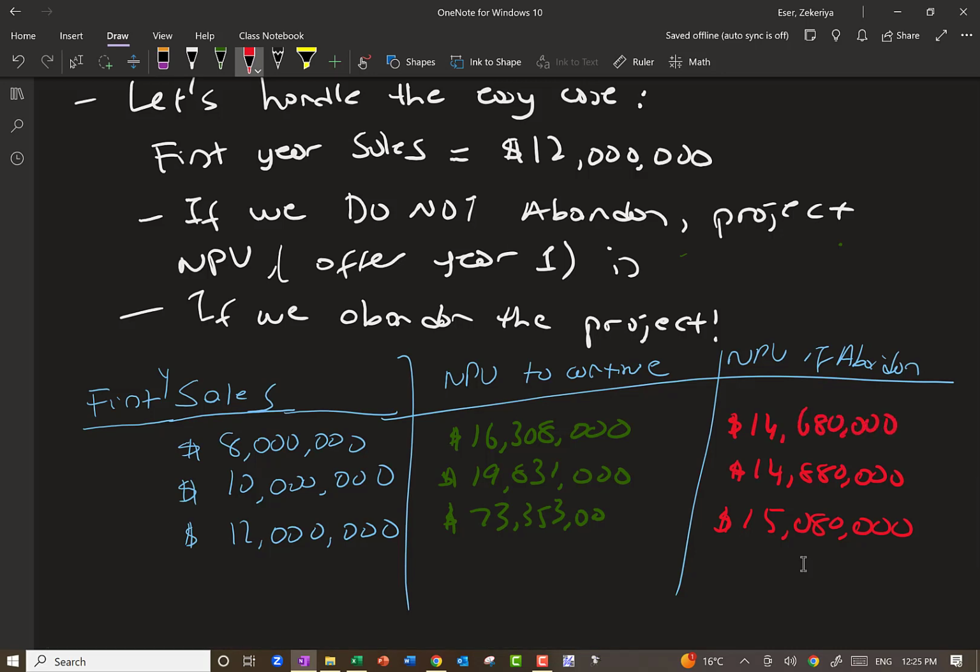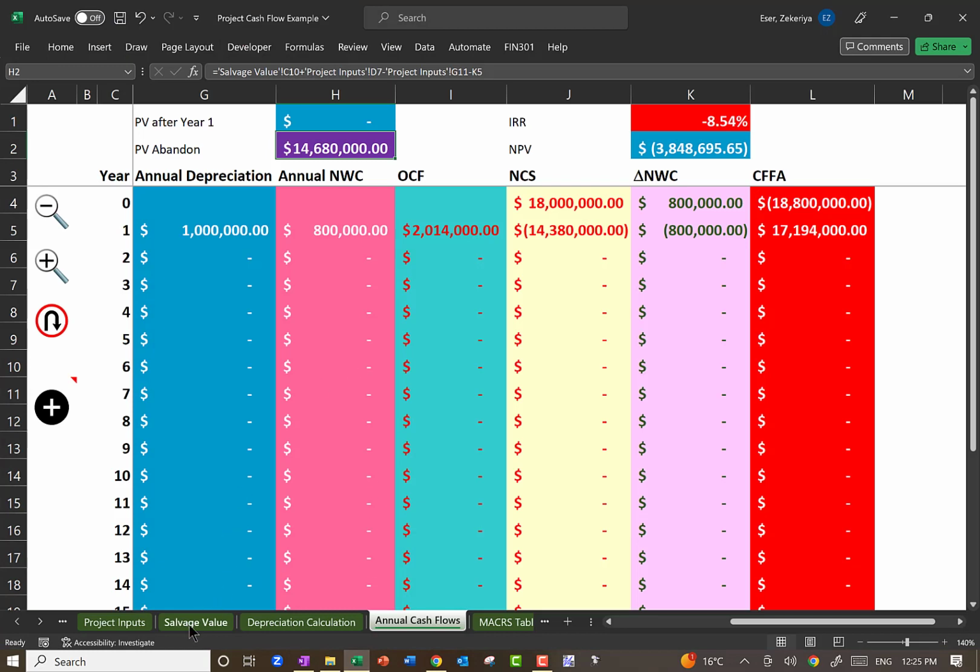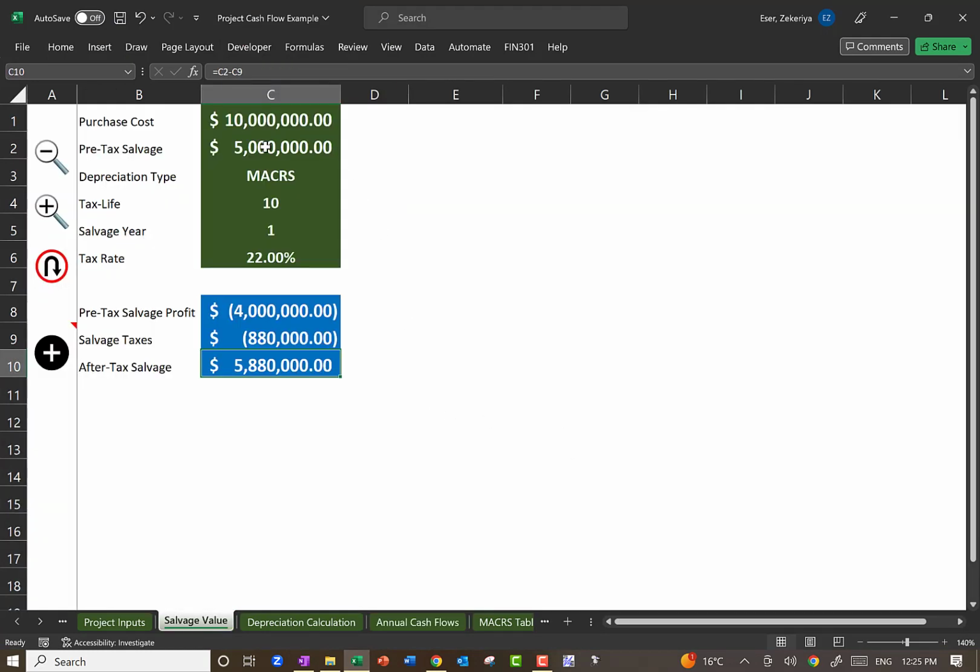I had made a mistake with these. I put in the wrong salvage value for continuing. So let's do those again. If we continue, we're going to get it at the end, so.